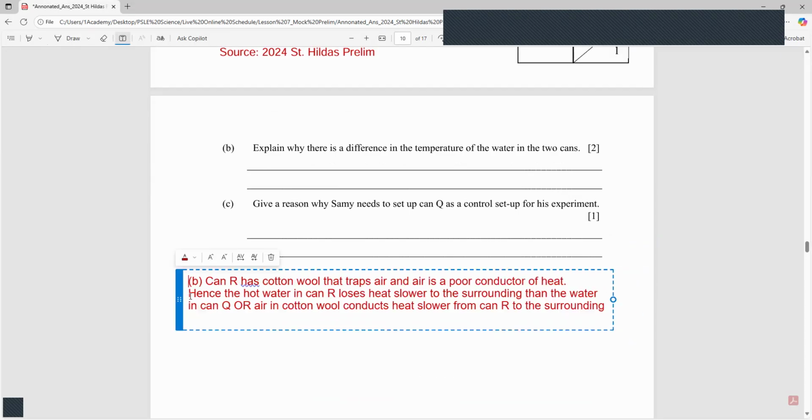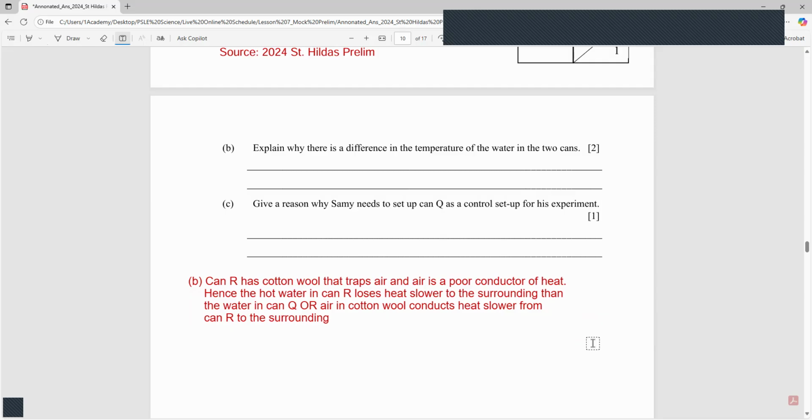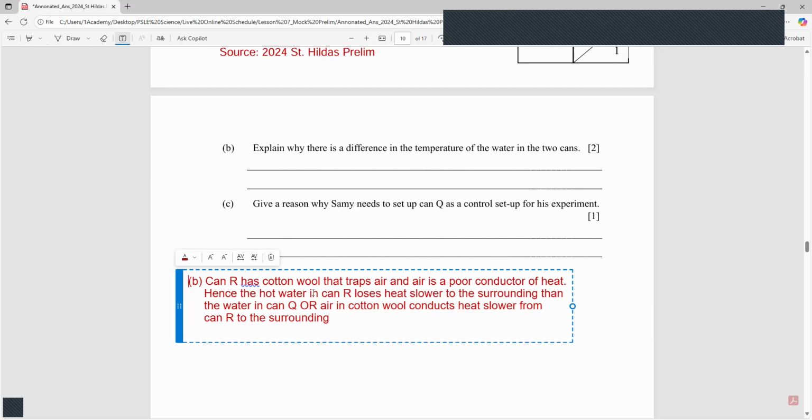Hence, the hot water in can R loses heat slower to the surrounding than the water in can Q. So this answer: can R has cotton wool that traps air. Air is a poor conductor of heat. Hence, the hot water in can R loses heat slower to the surrounding than the water in can Q.